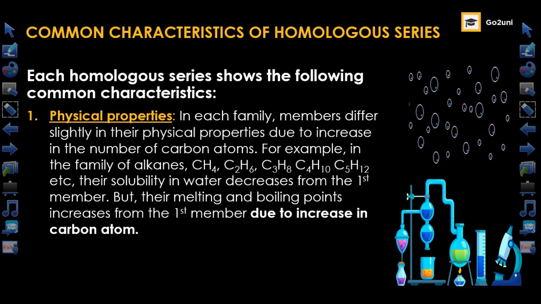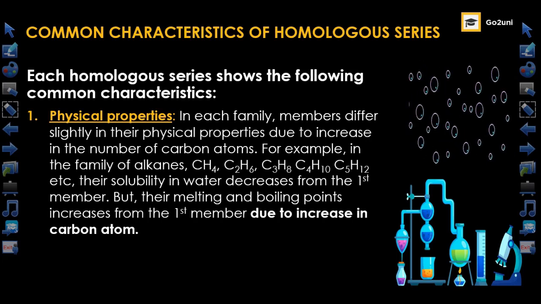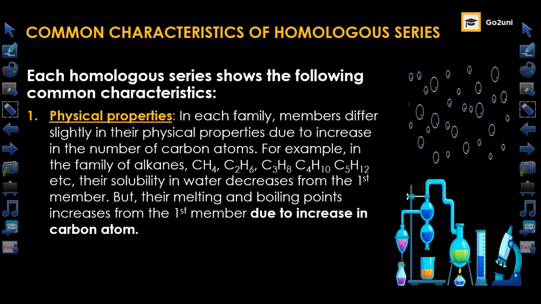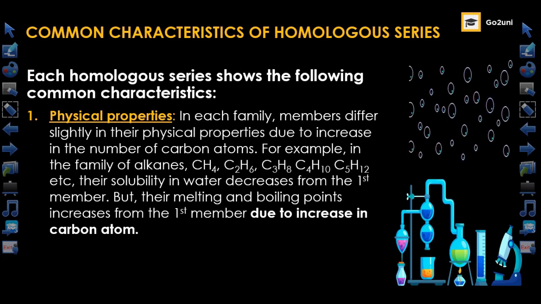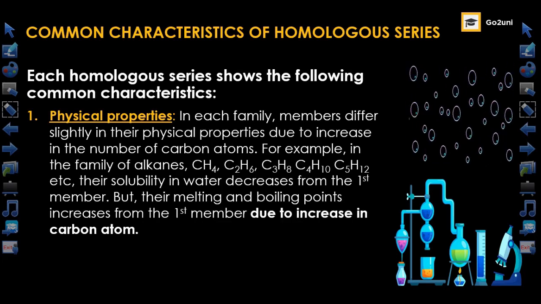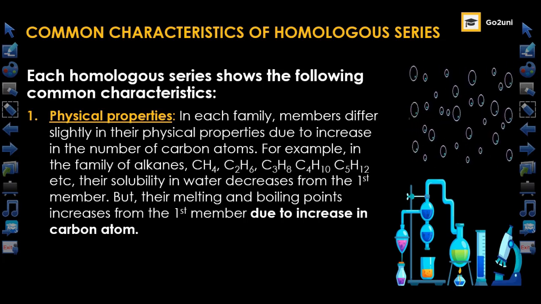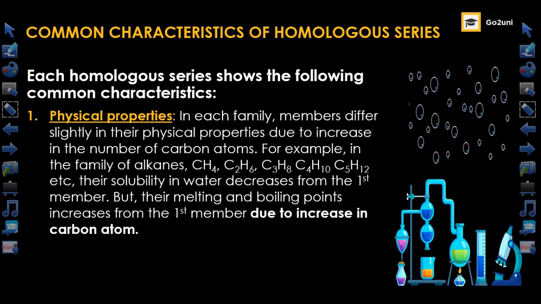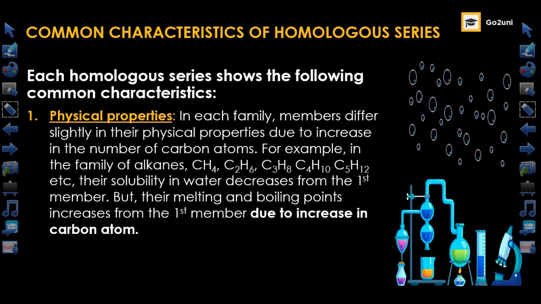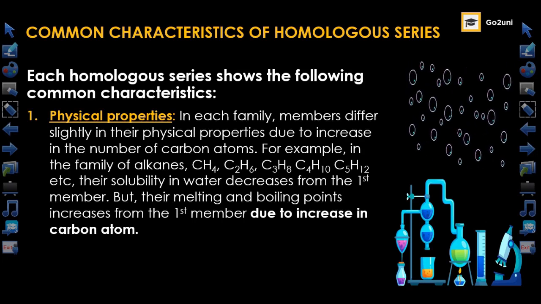In terms of their solubility, methane is readily soluble in comparison to the others. So solubility decreases as you go from methane to pentane. The reason is that as carbon atoms increase, for example between methane and ethane, CH4 and C2H6, ethane, which is C2H6, finds it difficult to dissolve in water.